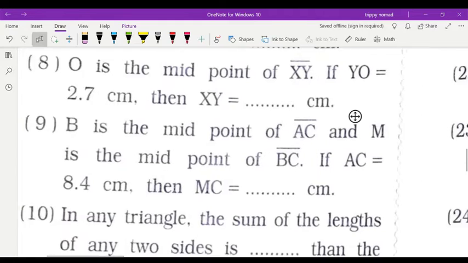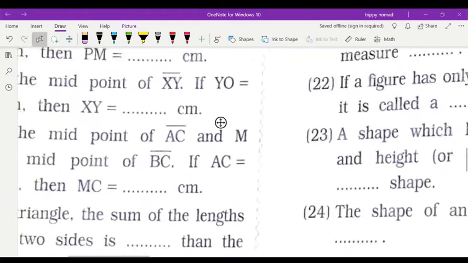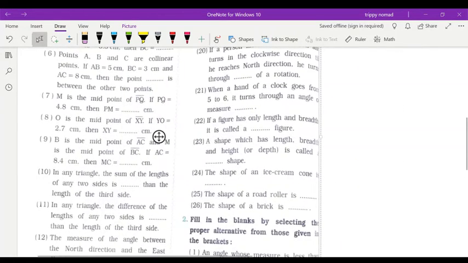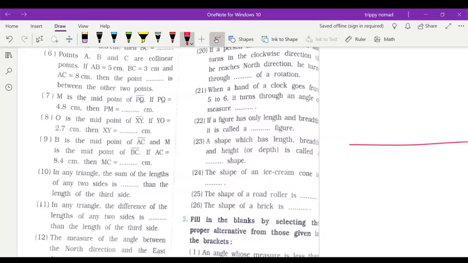I am drawing for you. You see, only a little change has come in this question, because they have given the midpoint of another half of the line segment. Question number 9. B is the midpoint of AC.